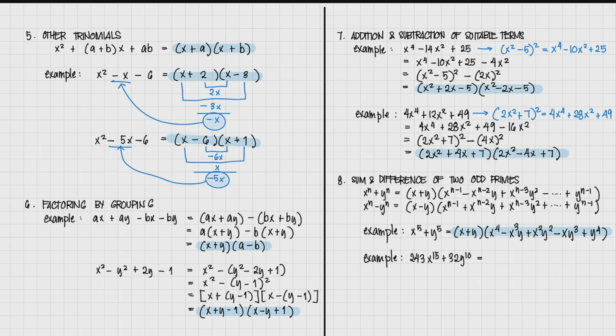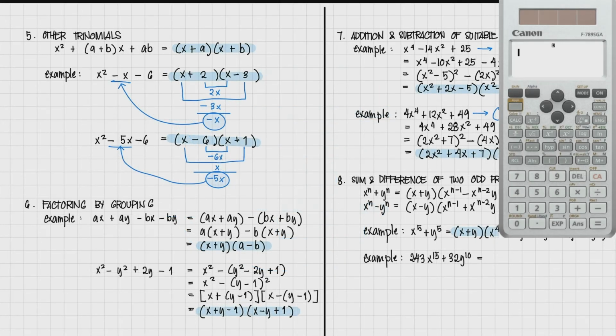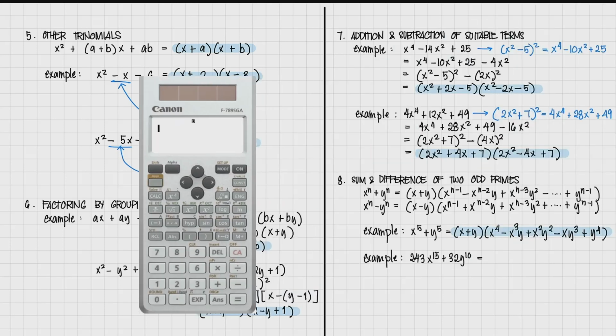If you could get the factors of 243 using your calculator. So let's look for our calculator first. Oops, sorry. So ayan, calcu. So from the calculator, let me just move it away.